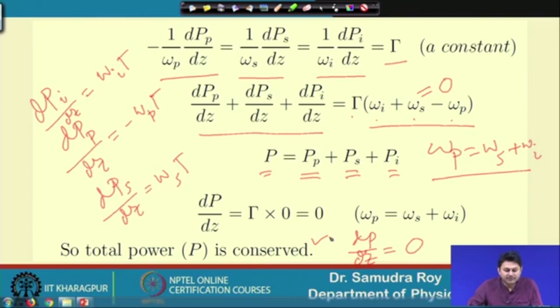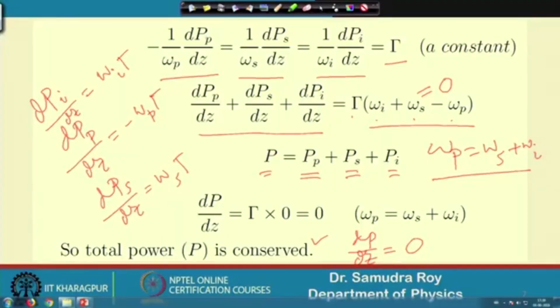So, these 3 expressions we derived are consistent with the conservation of energy, and that is important, and we need to show that the total energy is really conserved. Even though the energies are exchanged between pump, signal and idler, the total energy remains conserved every time.